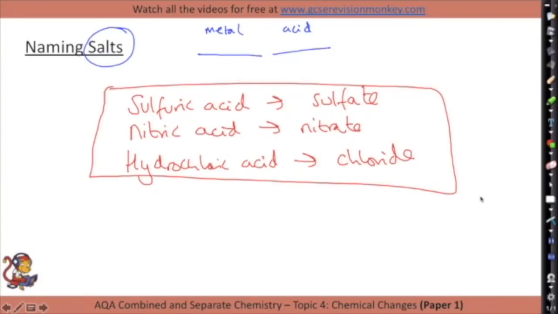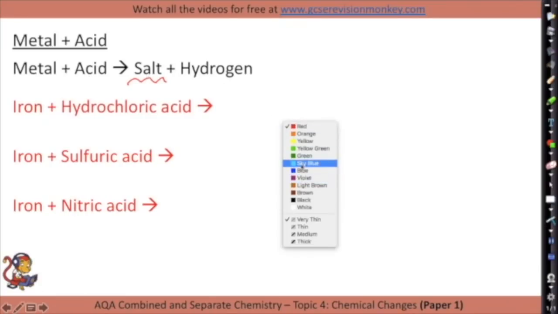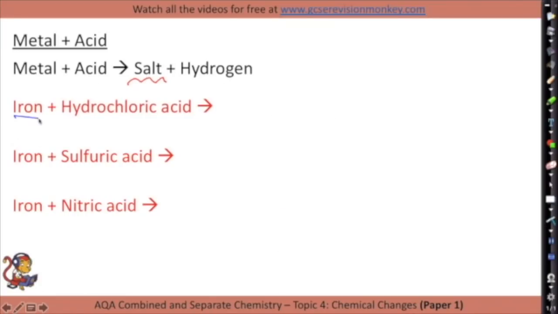because then we'll be able to name all of the salts in this exam. So this is an example of our first reaction that's going to produce a salt plus hydrogen. So if you put a metal in with an acid, you'll produce a salt plus hydrogen. Naming the salts then, we've got the metal iron, and this time we're reacting with hydrochloric acid. So following our rules, we'll make iron chloride plus hydrogen.